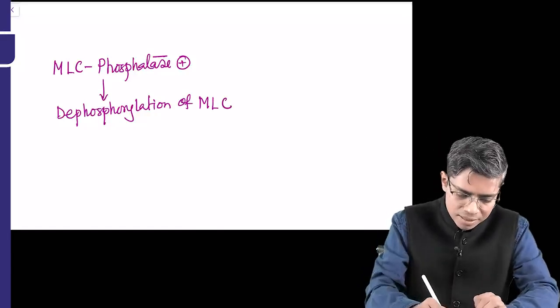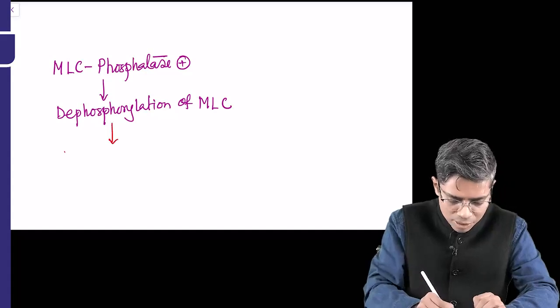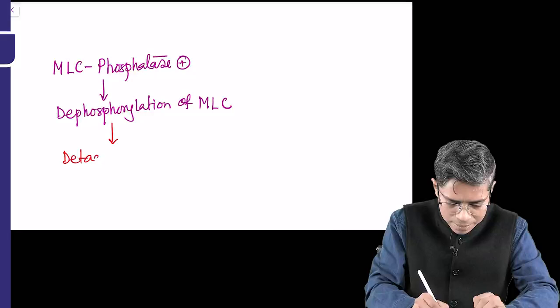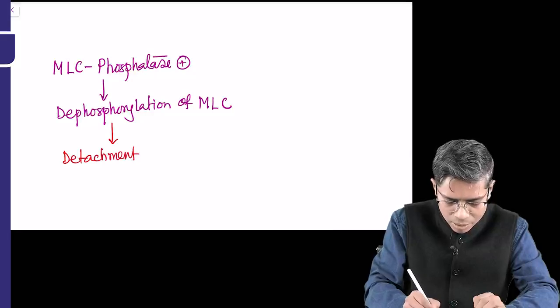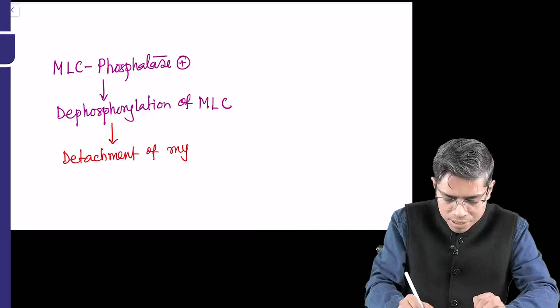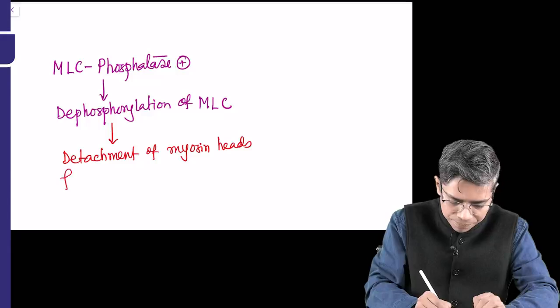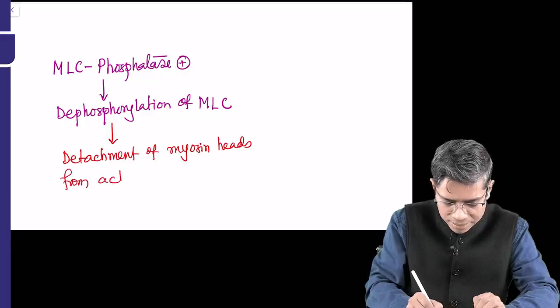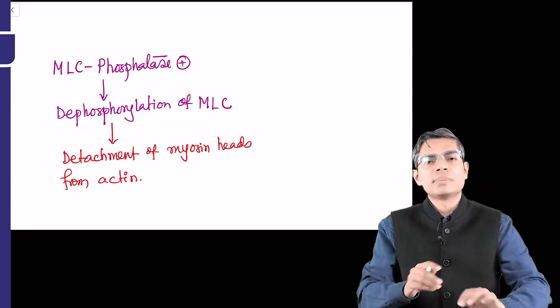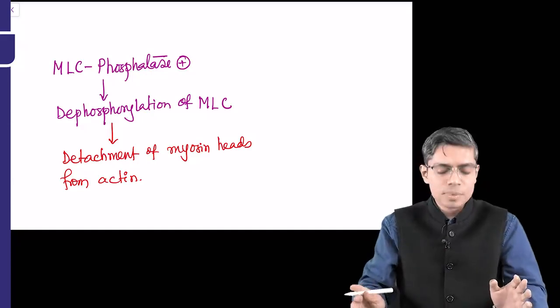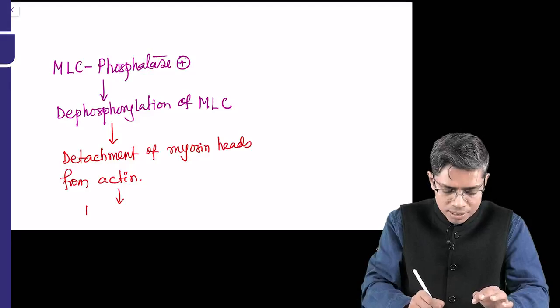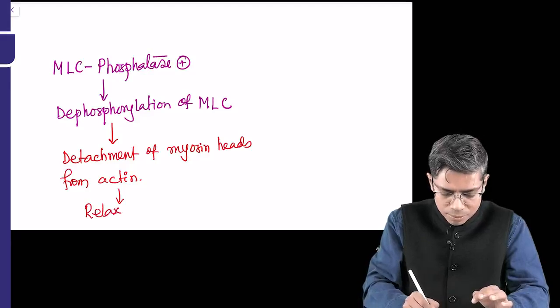Whenever myosin light chain is dephosphorylated, it will cause detachment of myosin heads from actin, right? And then if the calcium is already removed from the cytoplasm, then this will cause a relaxation of the smooth muscle.